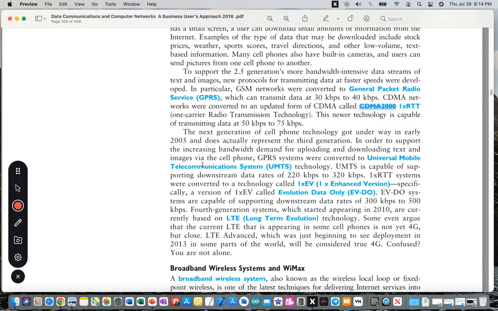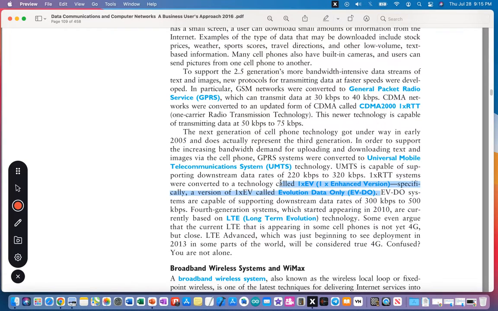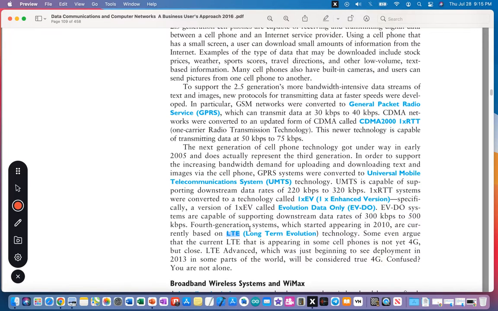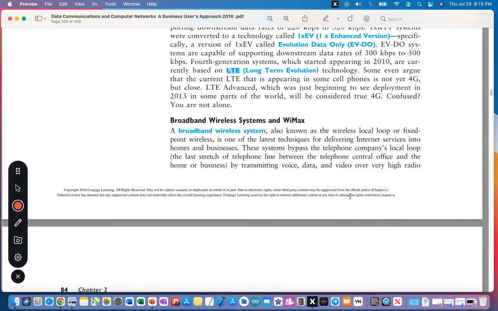I think this is also 2.5 generation. The third generation starts with the UMTS and a few other companies or standards. Then the fourth generation is LTE. In fact, it's a single standard generation, LTE only. Now the fifth generation also works over LTE and it's faster. All right, broadband wireless systems, and WiMAX.